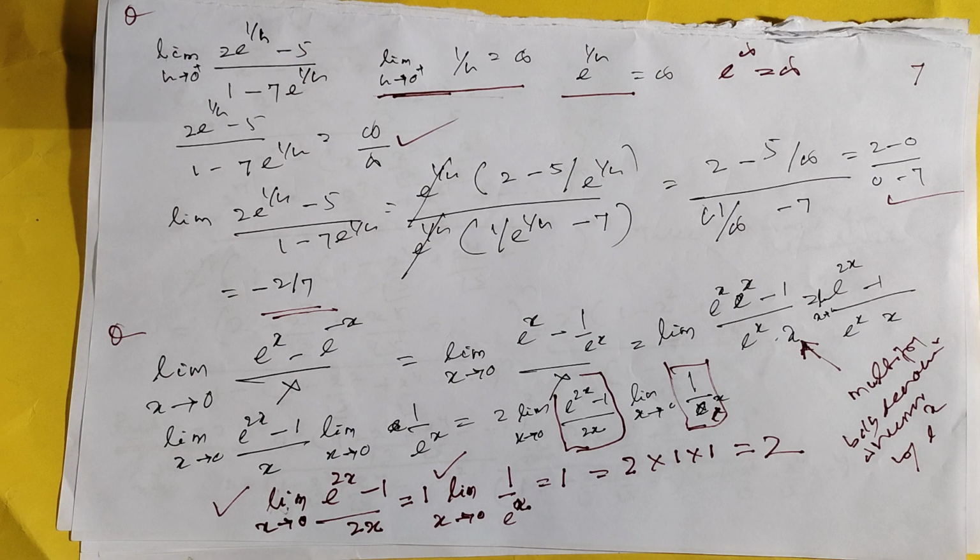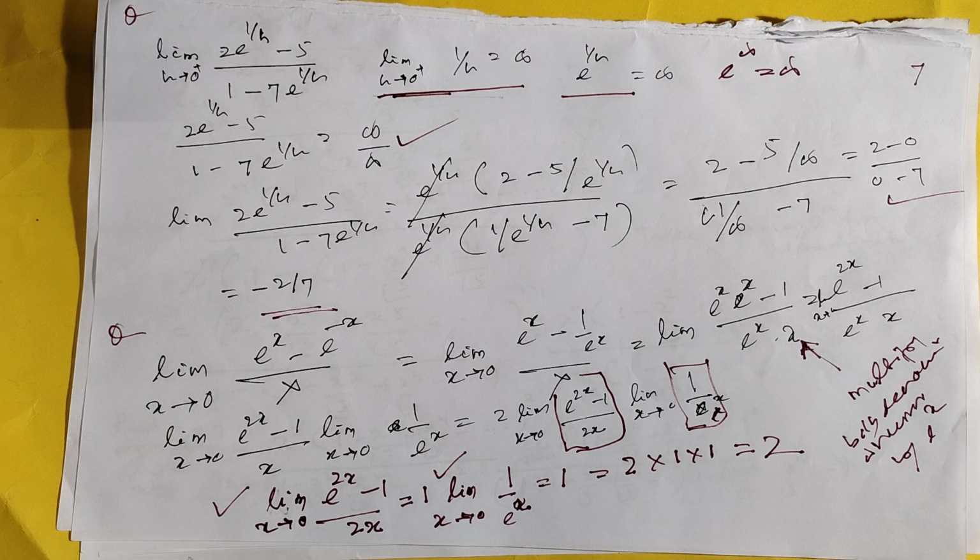Both numerator and denominator are infinite. You take a common factor e^(1/h) out of the numerator as well as the denominator, and automatically it will come 2 by minus 7, that is minus 2 by 7.